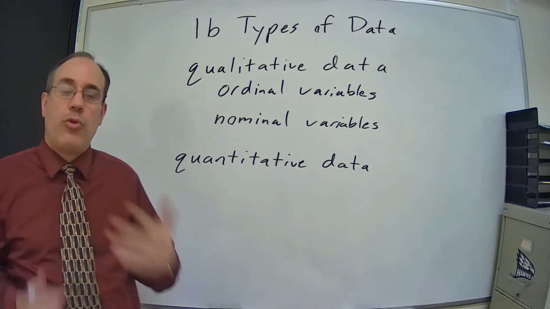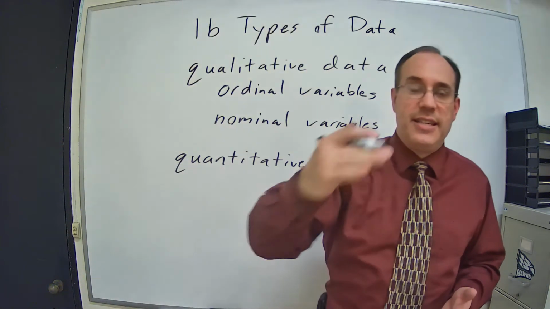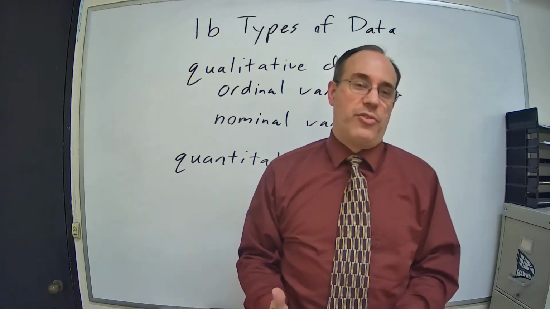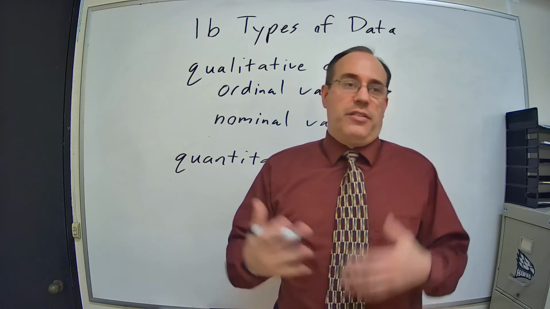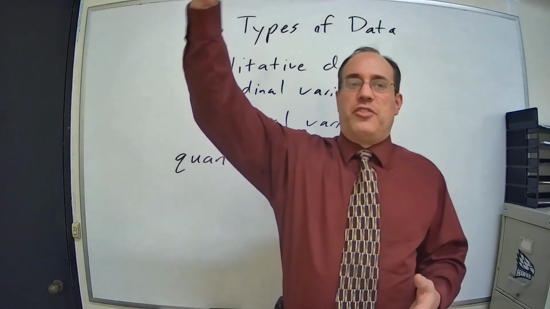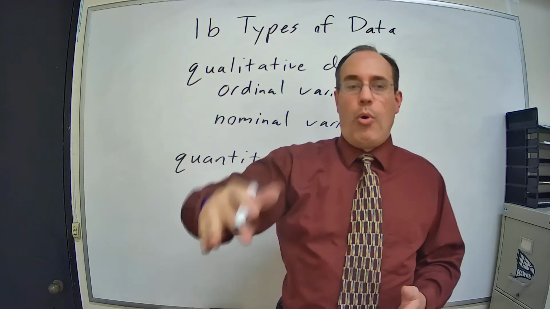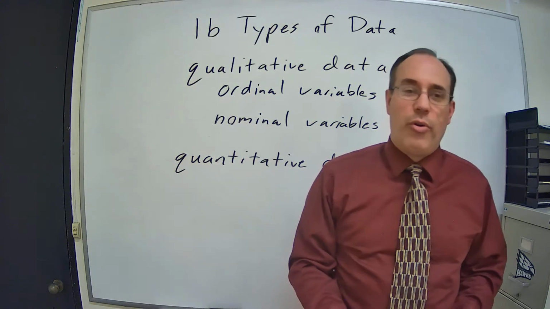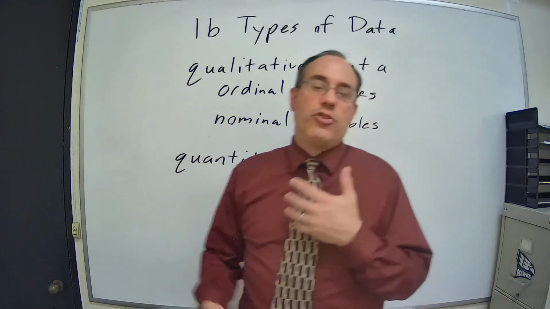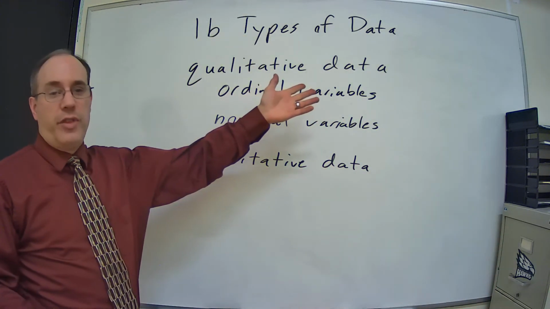They have a natural order to them, such as letter grades, A, B, C, D, F. We know the order that goes with them. Rating how well something did. Excellent, good, fair, poor, abysmal, right? A natural order to that. So those are ordinal variables. They have a natural order to them.